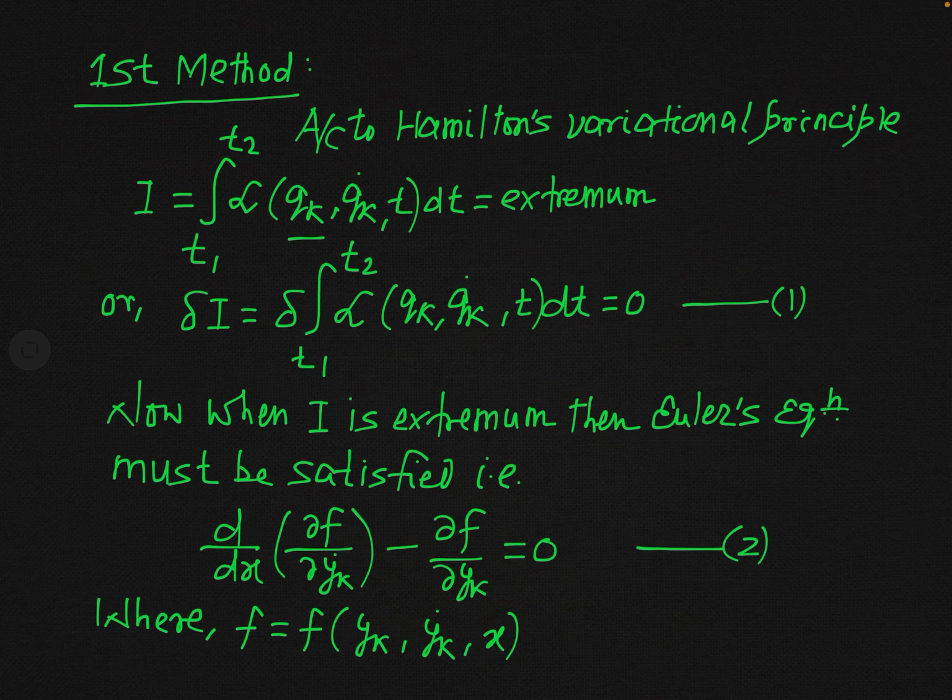Actually here this Euler equation is for the case of several independent variables. Here yk are independent variables, and if k is the degree of freedom of the system, then k has f values, and f here is the functional, which is a function of yk, y'k and x.